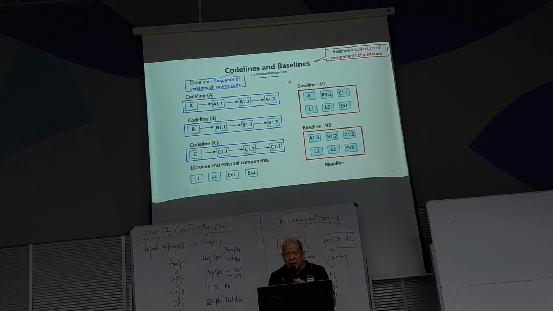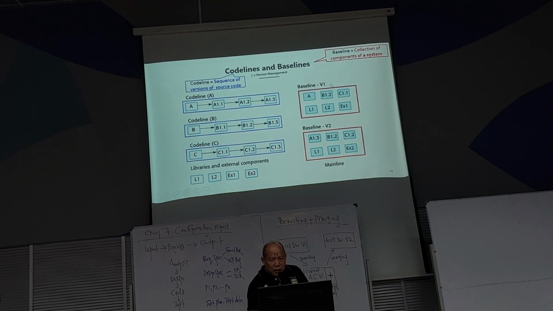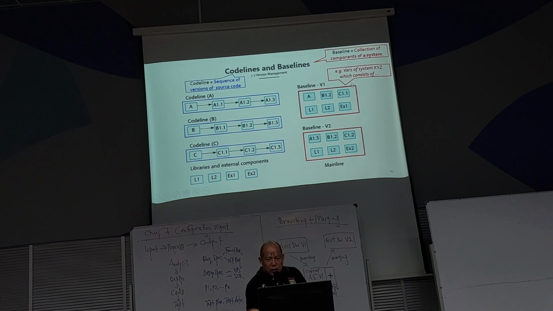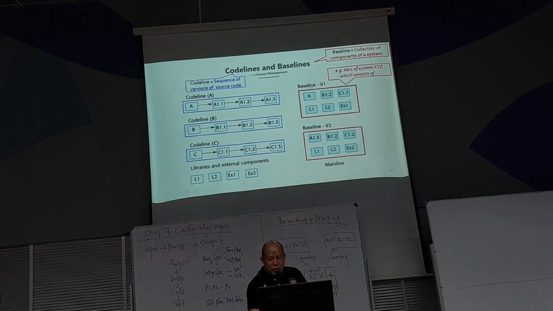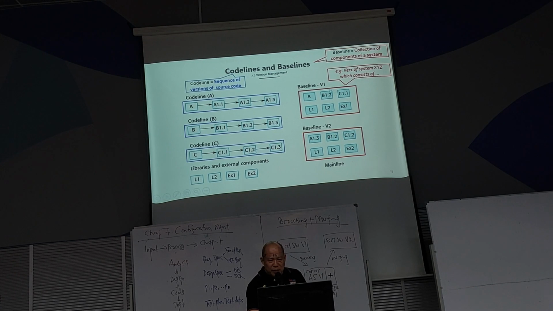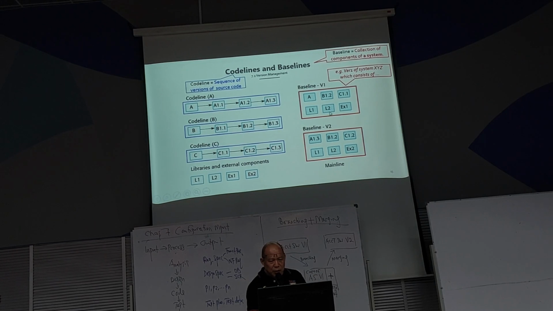Okay, so baseline is a collection of components of a system. Let's say this is system XYZ. This is version 1 of system XYZ, which consists of A, B1.2, C1.1, library 1, library 2, external component 1.